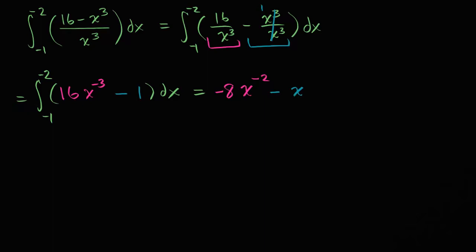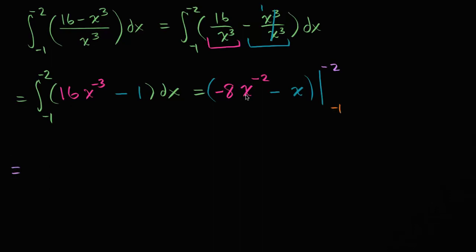And so now we want to evaluate that at the bounds and take the difference. So we're going to evaluate that at -1 and then subtract from that this evaluated at -2. And let me do those in two different colors just so we can see what's going on. So let's first evaluate it at -2.